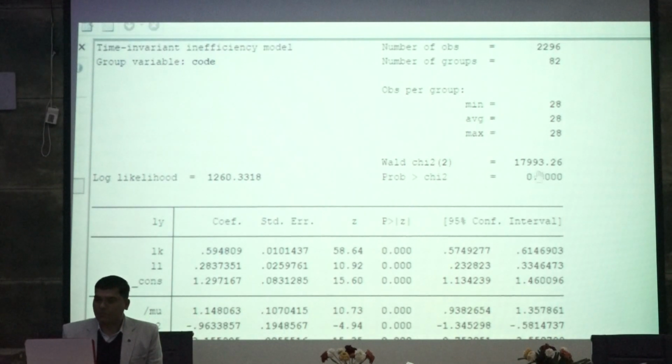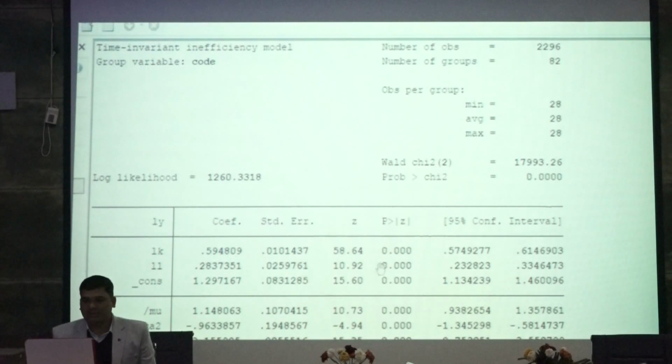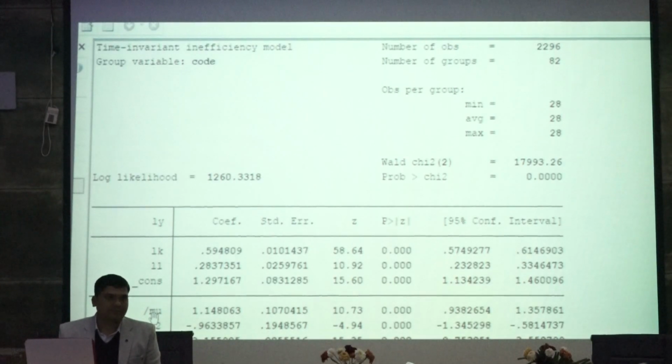And this is the overall fitness of the model, and these are the independent variables having impact on the dependent variable. Okay. Then you can check whether it is significant or not. The first variable is significant, the second is also significant, and this constant is also significant, and this mu is the inefficiency term. Okay.